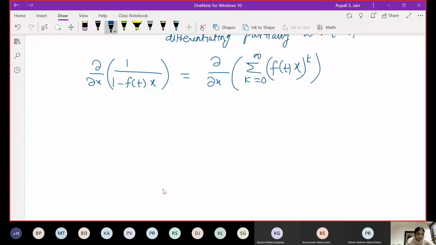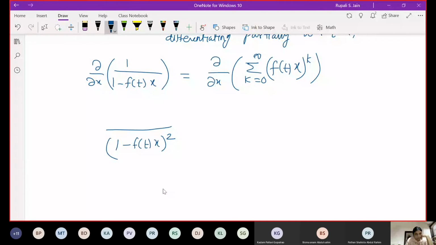Log of 1 minus f(t). How will it be log? You have to use the division rule. Denominator (1 minus f(t)x) whole square, then numerator: (1 minus f(t)x) into differentiation of 1, but differentiation of 1 is 0, minus 1 into differentiation of this with respect to x.